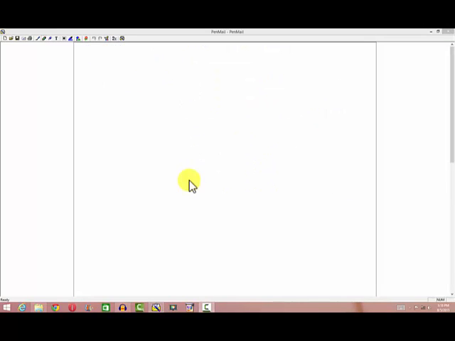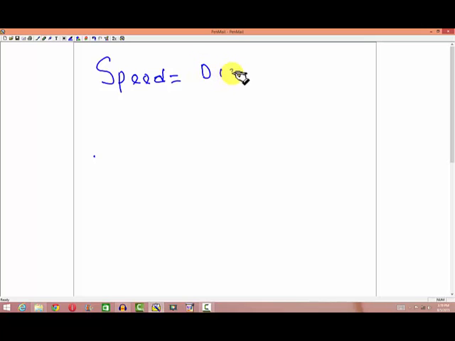So now you know what speed is. You can use that formula to calculate anything. So you can say for sure that speed is equal to distance over time.